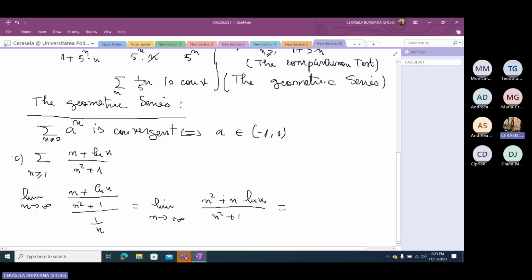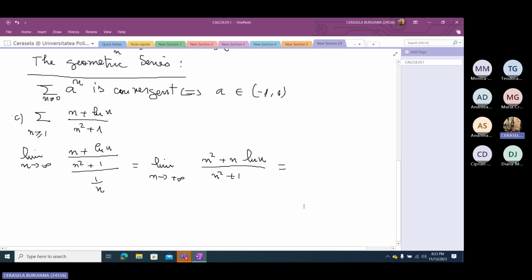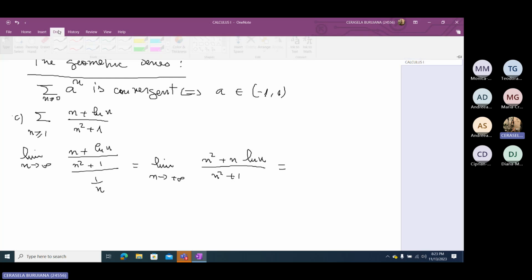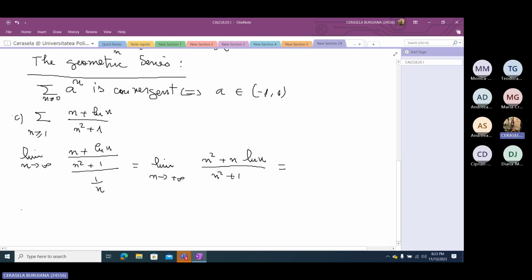So what I have here is the same power. To be more clear how much this limit is, the value of the limit is 1, but to be clear for everybody that this limit is 1, what can I do? I can take n squared as the common factor.